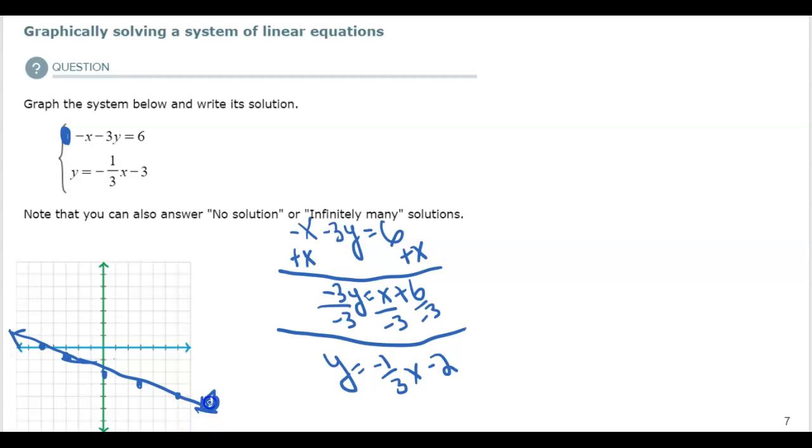I want you to pause the screen and try to do the other one. I'm going to do the other one in a different color, but go ahead and pause the screen and try to graph this line on your own. It's already in y equals mx plus b form for us. So I'd start at -3, down 1/3.